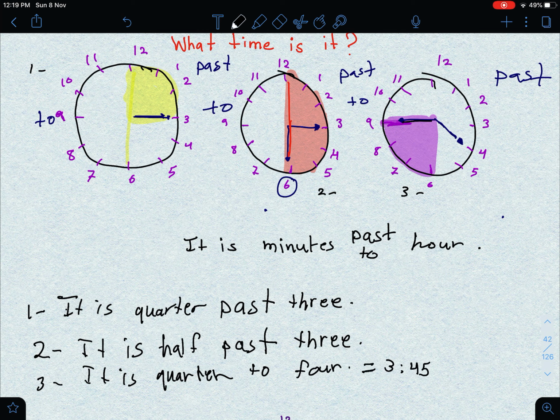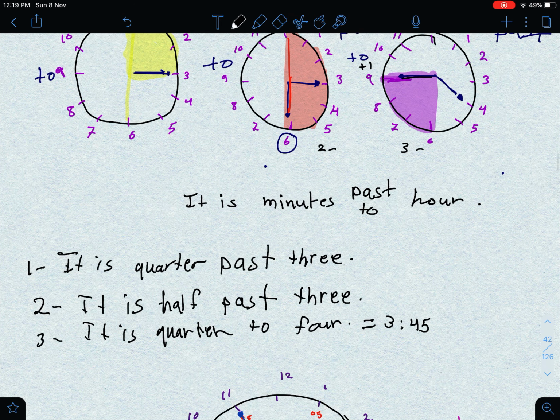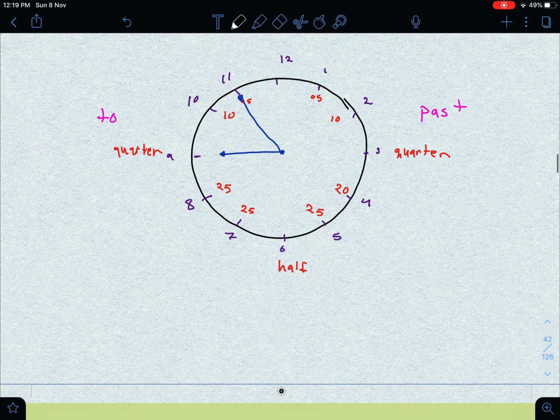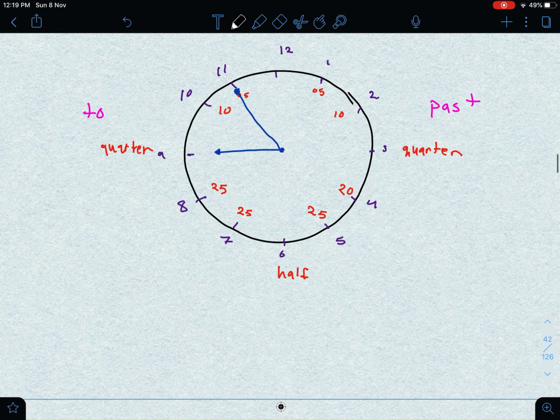So you just have to pay attention to this point. When it is in this part, we add an hour to the hour it should be. Now here, let's take a look at another example to explain what I meant. I want to tell the time in 2 different ways.